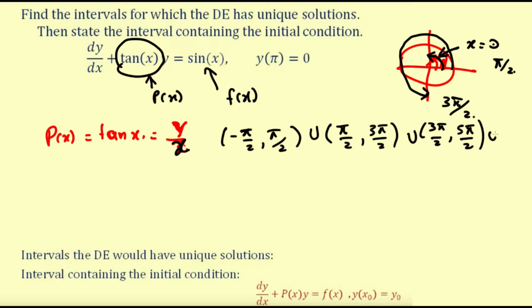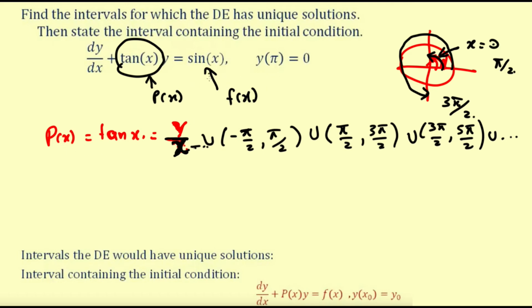So it just goes on and on, it is endless. So p of x is discontinuous at pi by 2, 3 pi by 2, because at that time x is equal to 0. So x cannot be equal to 0 because we have x in the denominator. This is where this p of x is continuous.